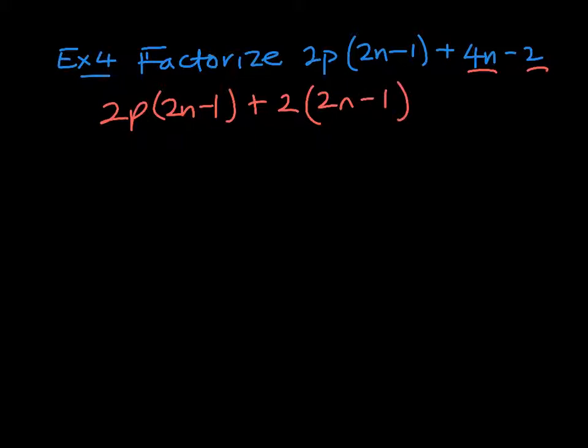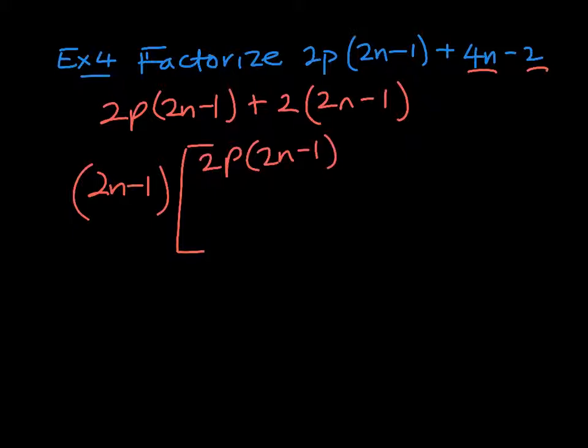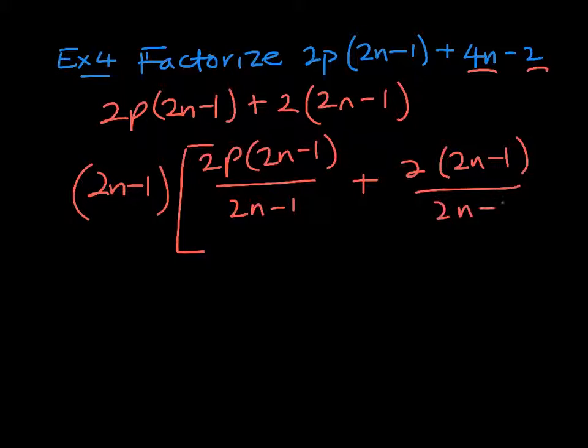So we see now that there is 2n - 1 on the other side of the addition sign. So we can factor out 2n - 1. Okay, so we can say (2n - 1)[2p(2n - 1) divided by (2n - 1) + 2(2n - 1) divided by (2n - 1)].